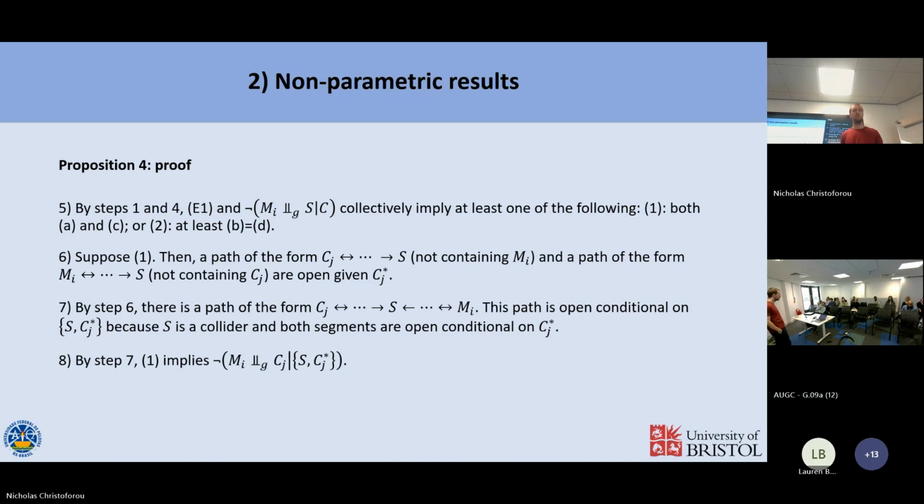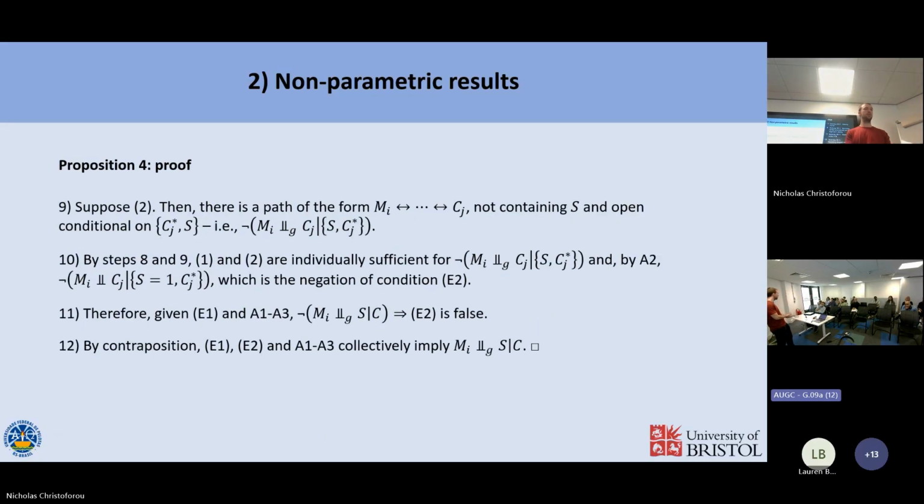Okay. So if I am in situation 1, this must be true. That's essentially what I'm saying. Now let's see what happens if we are in situation 2 of the partition. If we are in situation 2 of the partition, we have case B, which is equal to D. And what was that saying?